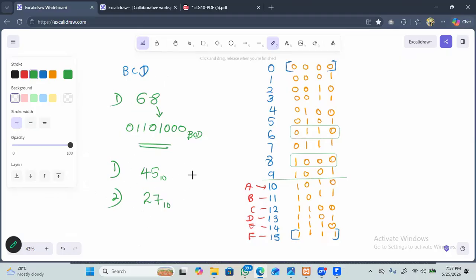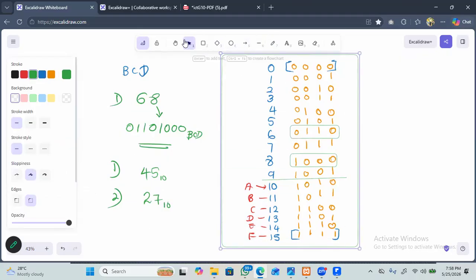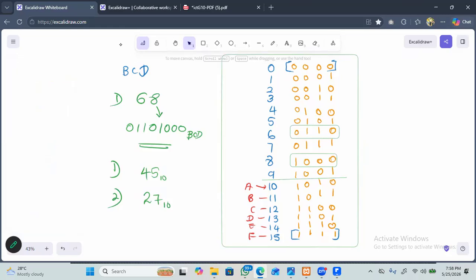Okay. Find the answers for these two quickly. And you should have the practice of how to draw this binary chart as well. Do it.